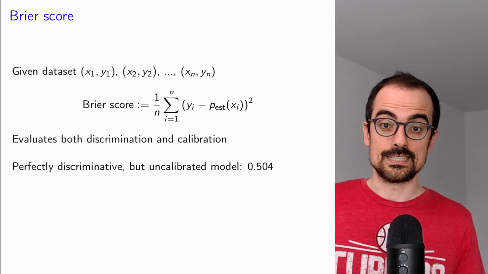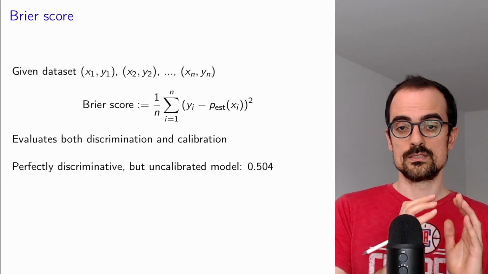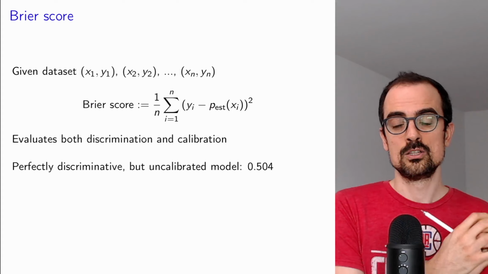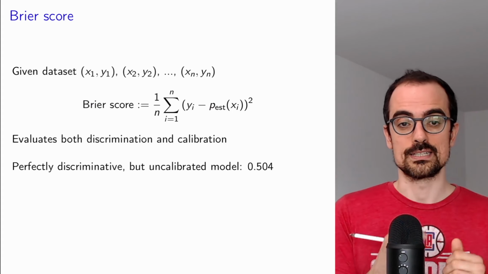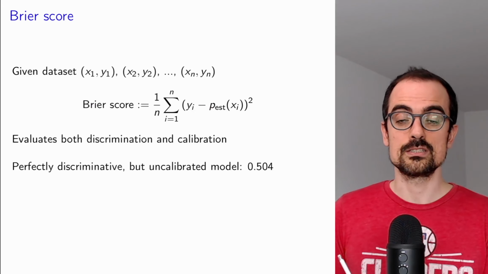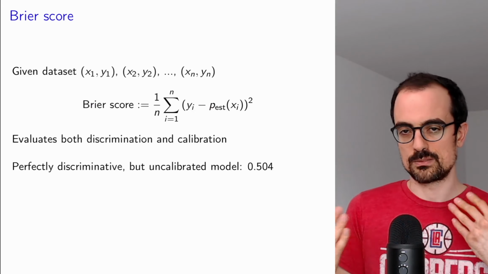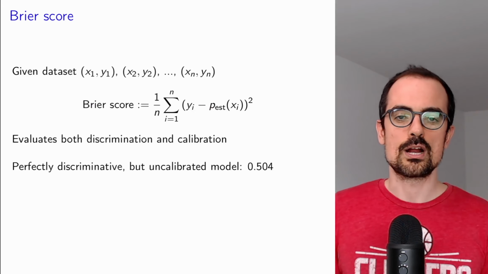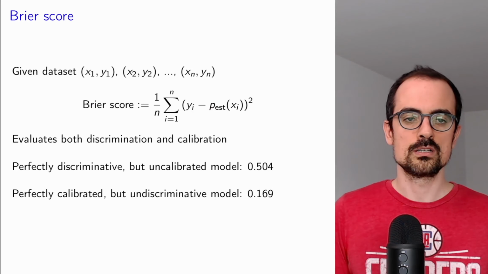The classifier that is perfectly discriminative, the one that was assigning 0.8 to all the healthy patients and 0.9 to all the Alzheimer's patients, which was very uncalibrated because these probabilities were completely wrong, has a Brier score of 0.504.